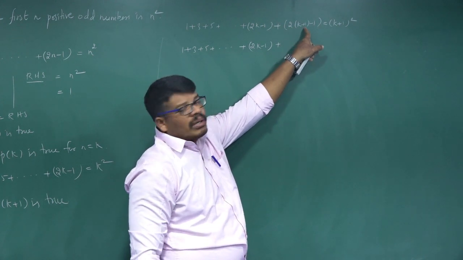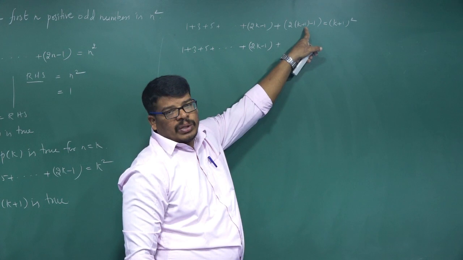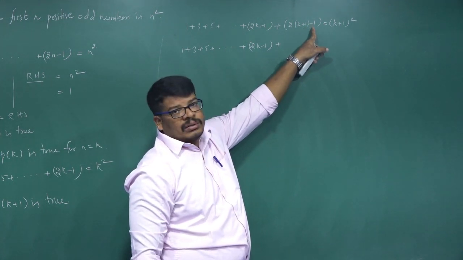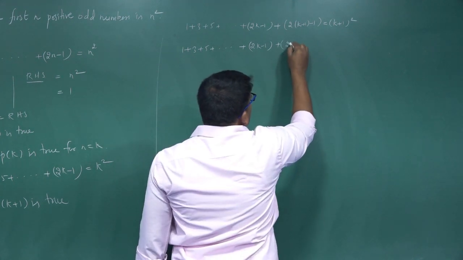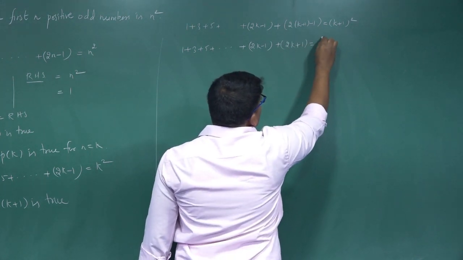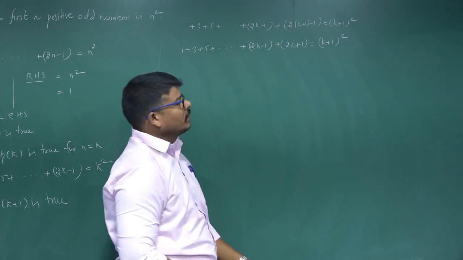Multiply by 2: 2k plus 2 minus 1, 2 minus 1 is 1, this is 2k plus 1, equal to k plus 1 whole square.